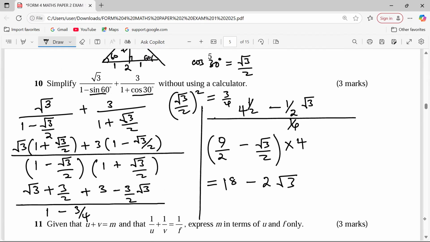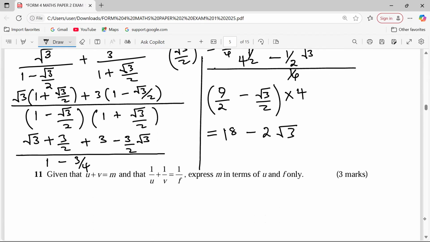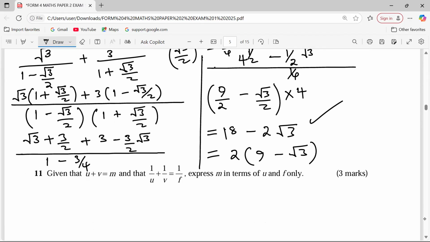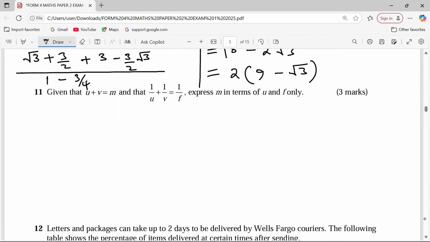Unless there is a specific order to give our answer, this can further be factorized. But this is correct, because the format to give the answer has not been dictated. So this is already correct, but it can further be factorized that way. So that's how we work out such an expression. A very good question again.